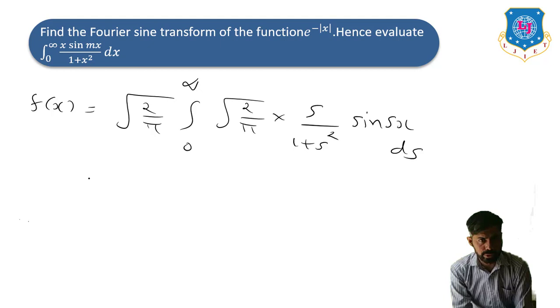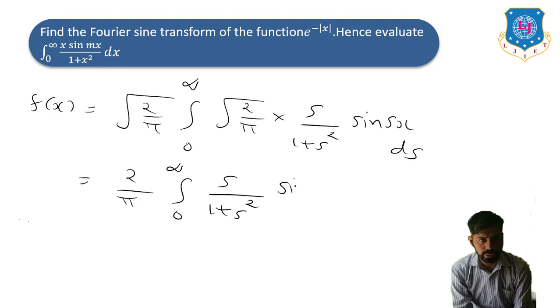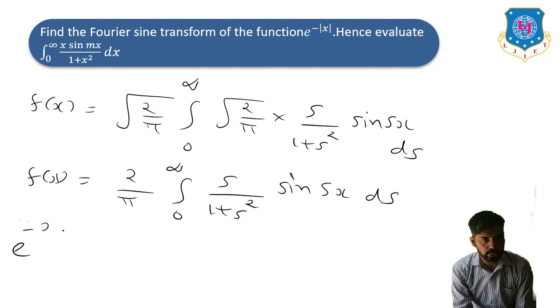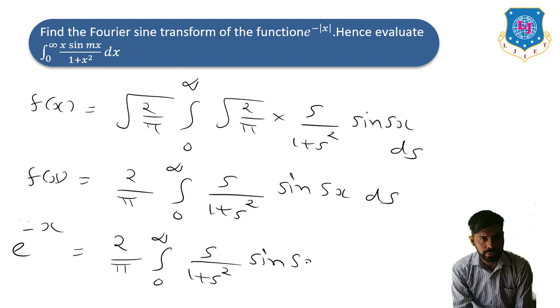So this can be written as 2 by pi integration 0 to infinity s upon 1 plus s square sine sx ds. Now what is f of x? It is e raised to minus x, that is the given function, e raised to minus x is equal to 2 by pi integration 0 to infinity s upon 1 plus s square sine sx ds.